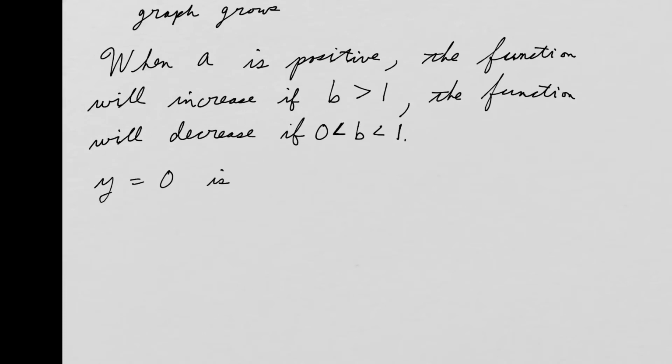It approached 0 but never quite reached it. So y equals 0 is a horizontal asymptote.